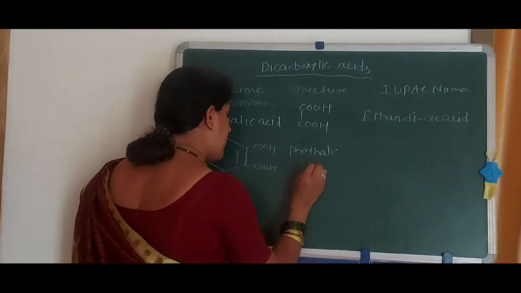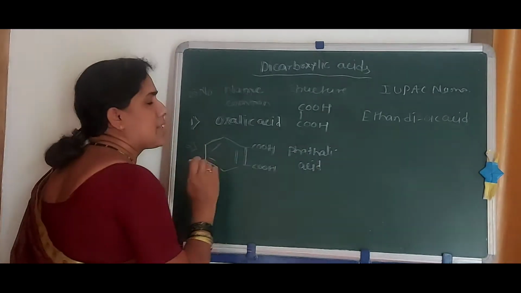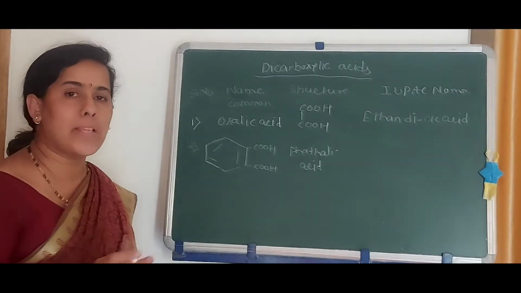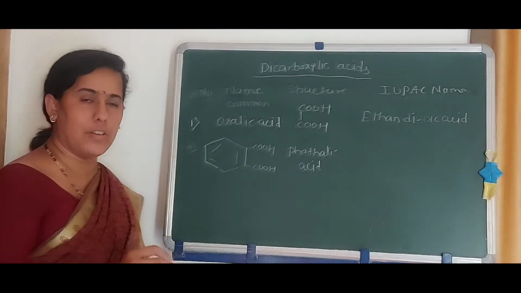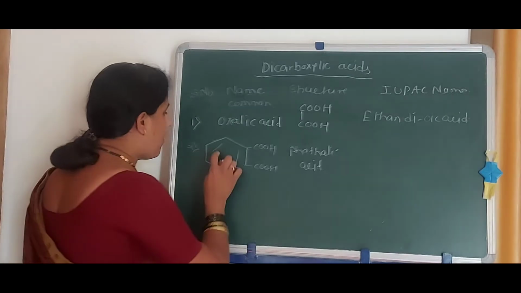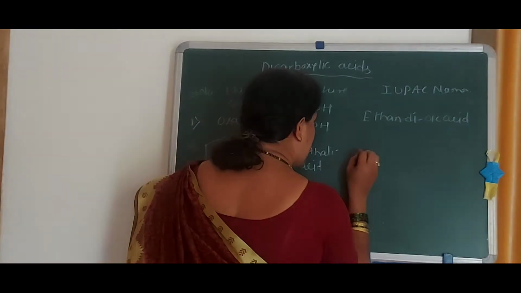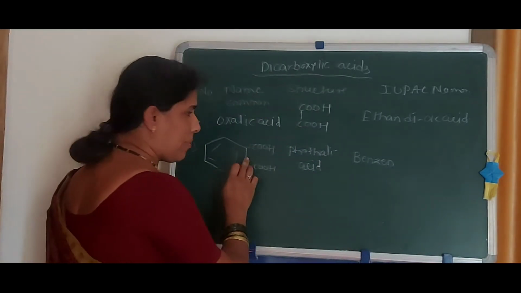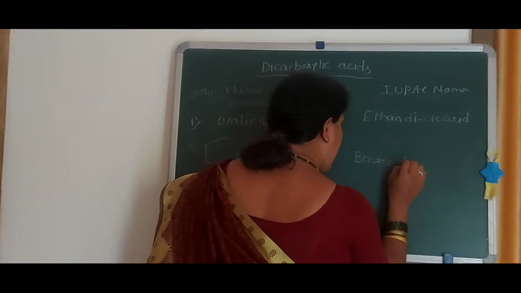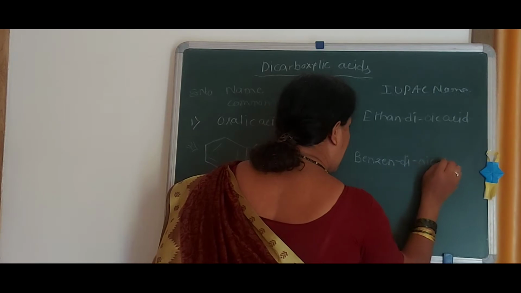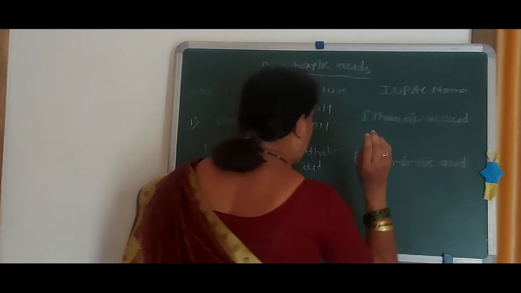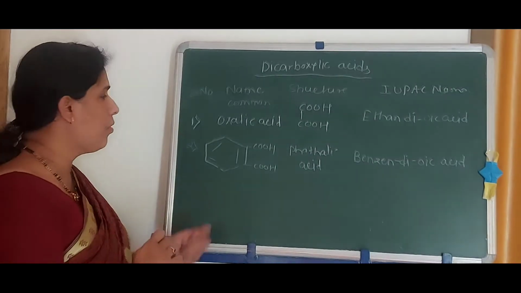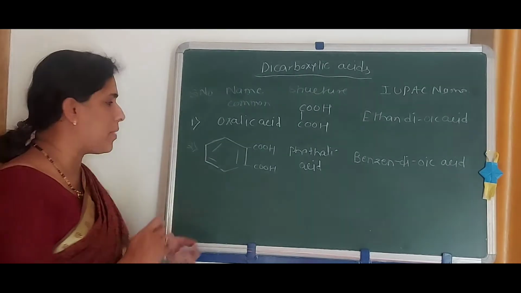Considering this structure, while representing it in IUPAC fashion, you have to consider first the benzene. Benzene, E is replaced by di-OIC acid. Got it? All of you just remember these IUPAC names.